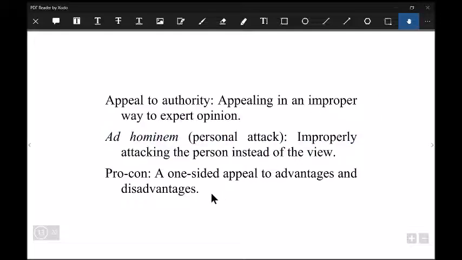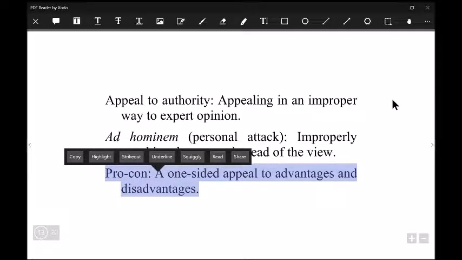And pro-con is a one-sided appeal to advantages and disadvantages. Again, pro-con reasoning can be good or bad depending on how you do it.